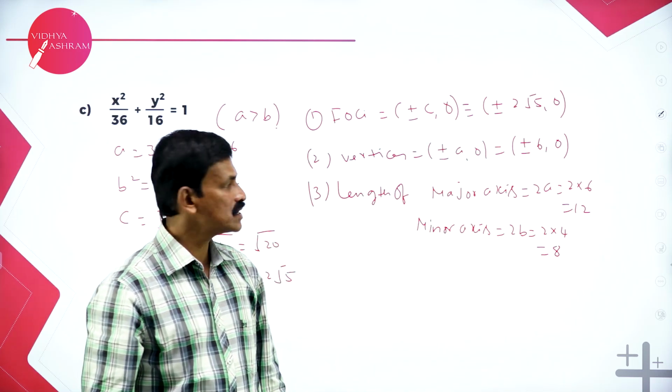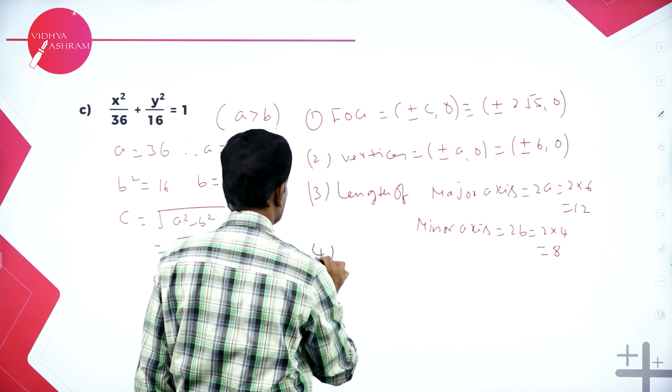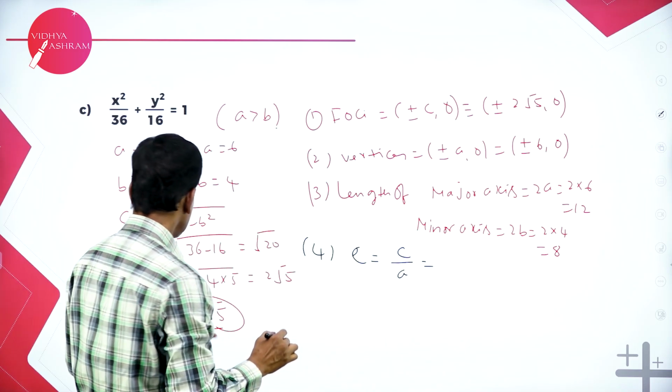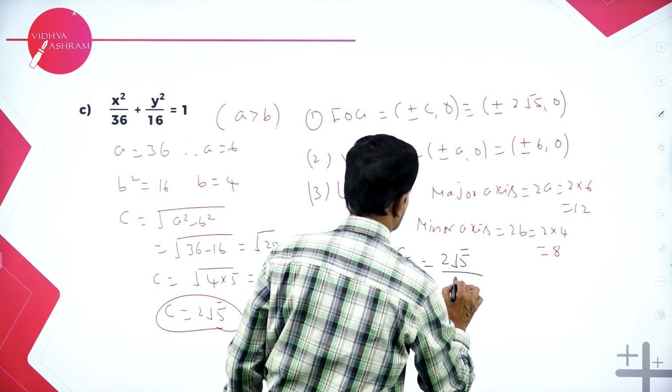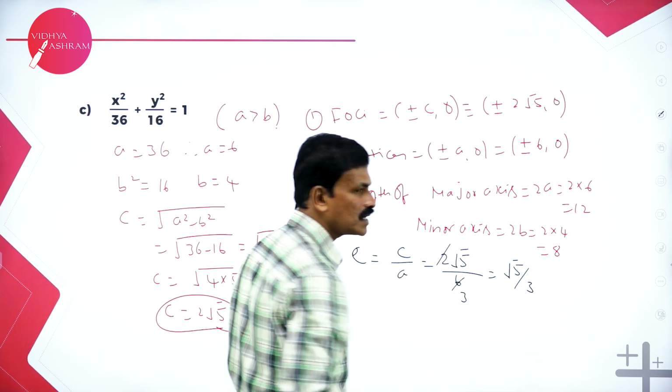Length of major axis is 12 and minor axis is 8. Now, eccentricity. e is equal to c by a. What is c? c is 2 root 5. 2 root 5 divided by a. What is a? 6. 2 3s gets cancelled. This is root 5 by 3 is the eccentricity.